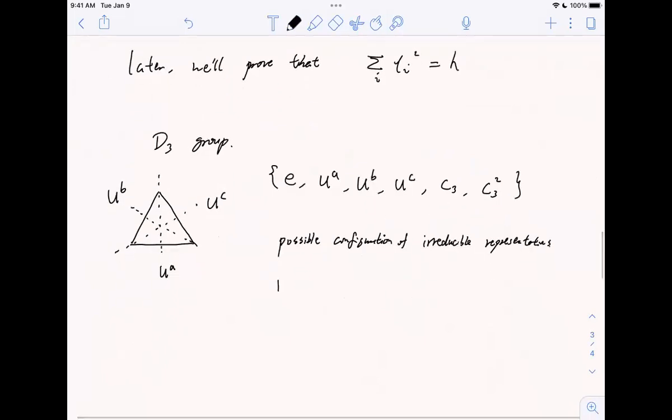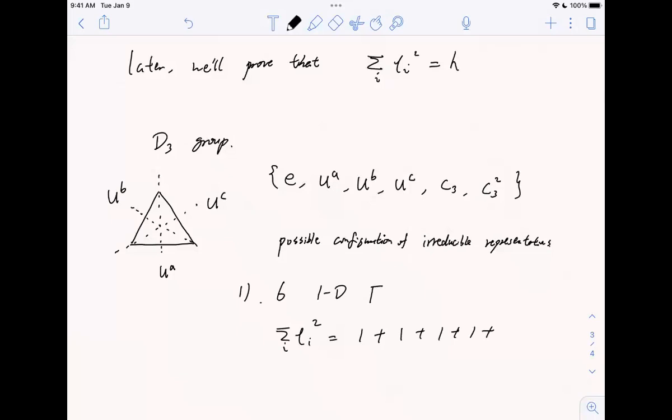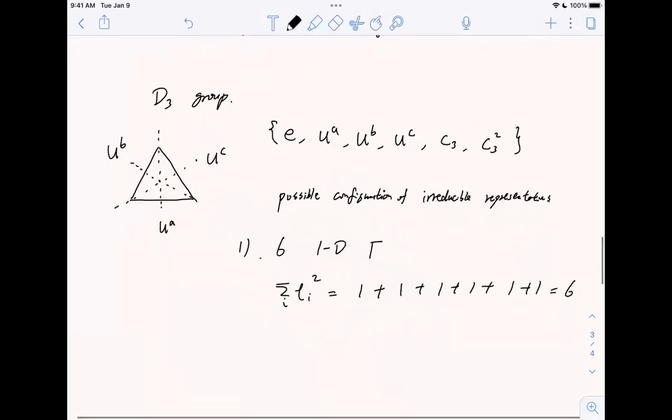First is 1, 1, 1. Let's say possibility 1: 6 of 1D gamma. You have 6 of them. Then the summation is just 1, 1, 1, 1, 1, 1, which is 6. Later we will show that that won't be the case.